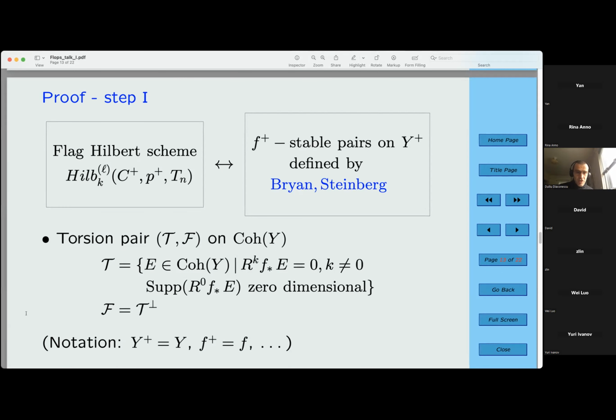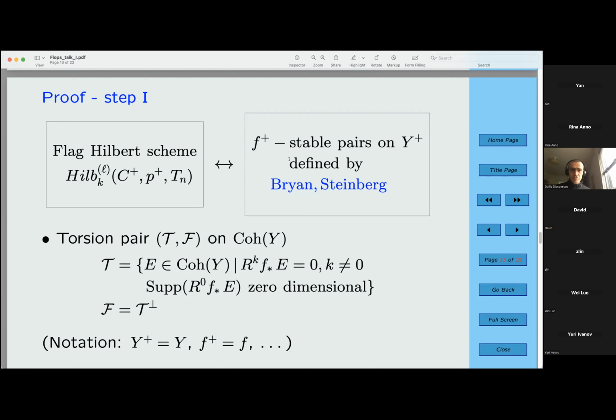So the major question is how to convert the flat Hilbert scheme of C+ into something geometric on the threefold. What kind of geometric objects on the threefold do we get? This was done in my paper, and the paper with Jan and Zhang, through a construction using stable perverse coherent sheaves. Here we're going to follow a different approach, because since that paper there were a few other developments in the meantime.